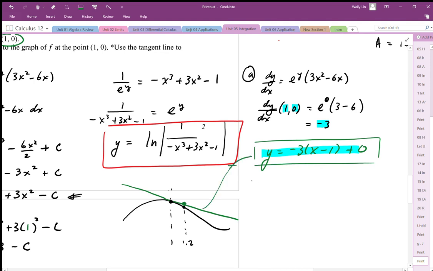And we can approximate the y coordinate for 1.2 by substituting that into the equation of the tangent line, and we end up with -0.6. Okay, so the original coordinate at 1, 0, if we use the tangent line approximation, we're going to be at -0.6. So there's my solution to part A. This solution for the y value, or the f of x, is here in part B.